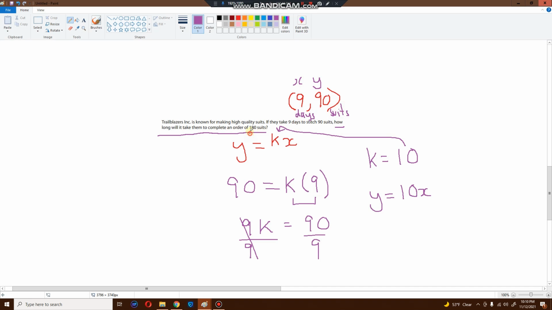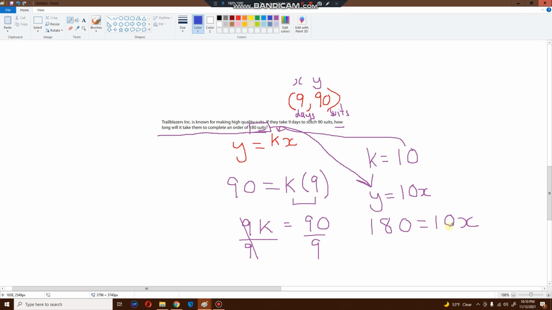So if they're asking me for 180 suits, suits is the y value, so I'm going to take this number and plug it in right over here where the y variable is. So I'm going to get 180 is equal to 10 times x. And now I'm going to solve for x.